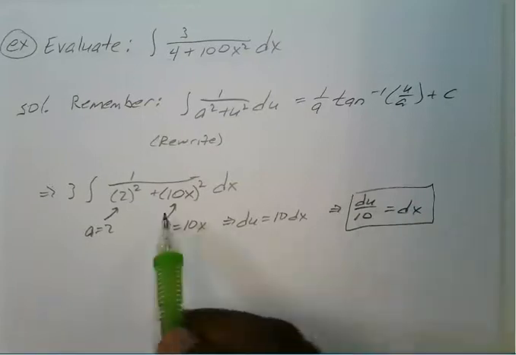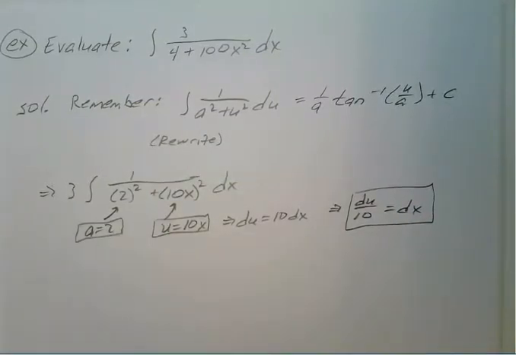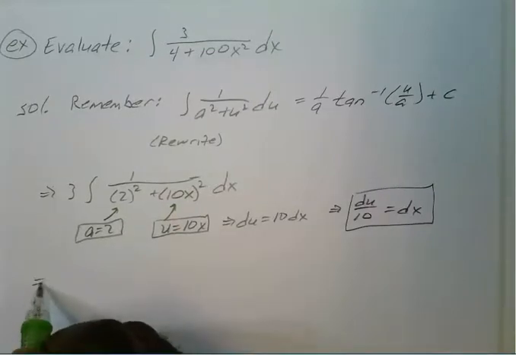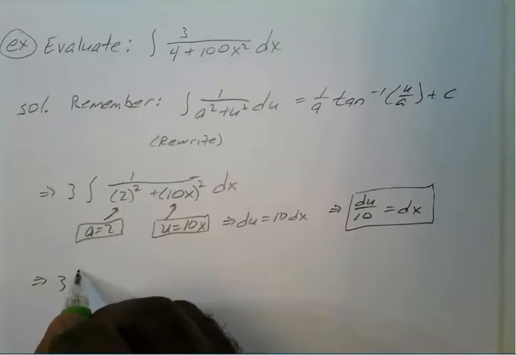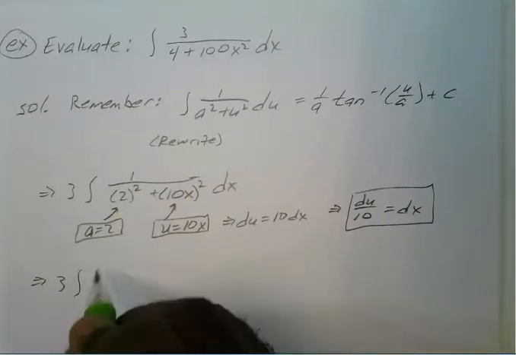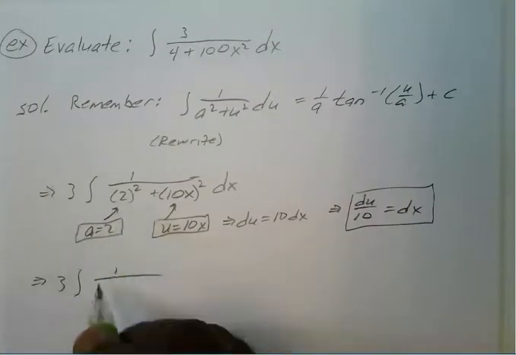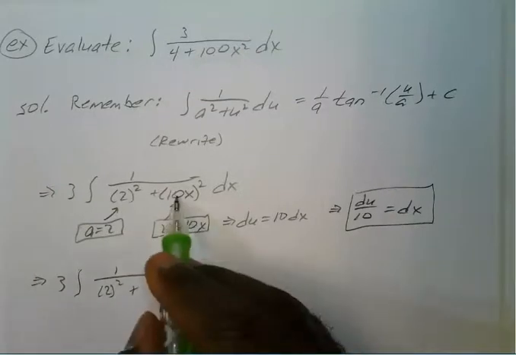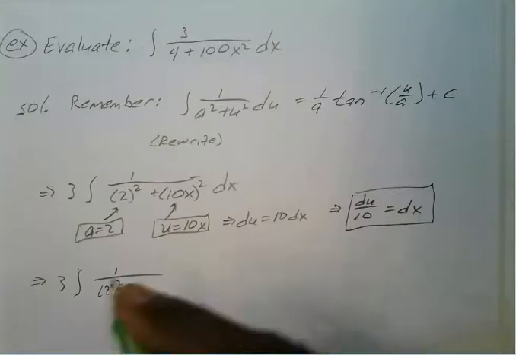Now once again, we have the 3 parts that we need to move forward. Okay, so we have our 3. Don't forget your coefficient. So we have 3 times the integral of 1 over your a squared. Again, you can put a squared or you can put 2 squared, doesn't matter. 2 squared plus, you have your 10x. You can put 10x, or you can put u squared, doesn't matter.